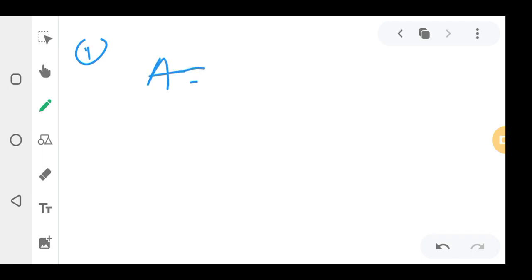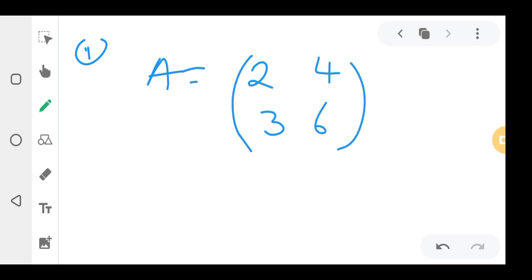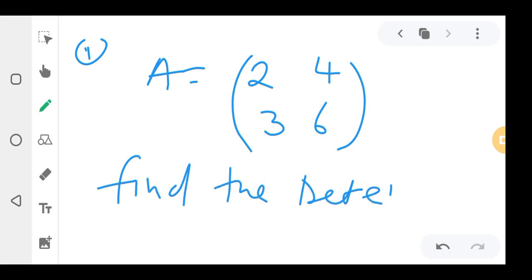They can say matrix A is 2, 3, 4, 6, and then they can say, find the determinant of A. Okay? Find the determinant of A.